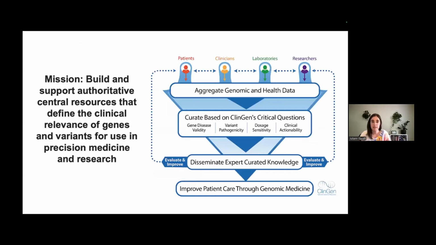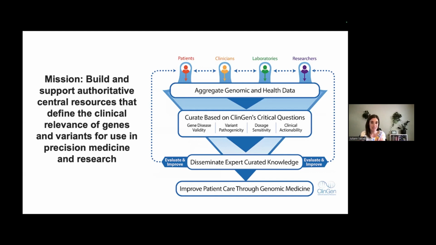And that's really where the Clinical Genome Resource Project that GenomeConnect is a part of comes into play. So the ClinGen, or Clinical Genome Resource Project, is an NIH-funded project that's really focused on building an authoritative resource that defines the clinical relevance of genes and variants, that defines what genes are tied to disease, what variants are pathogenic, so that that information can be used in research and to better care for patients.